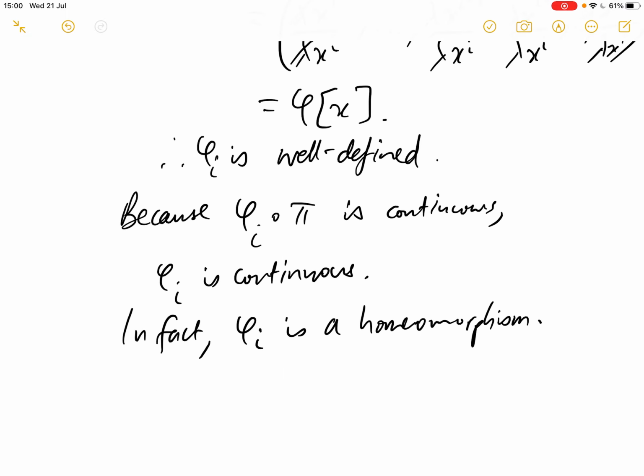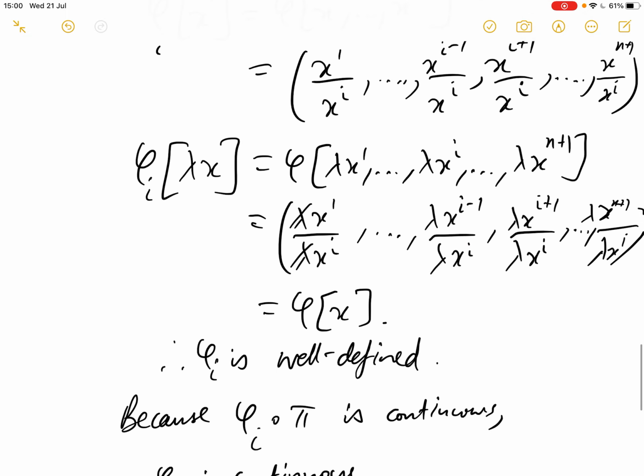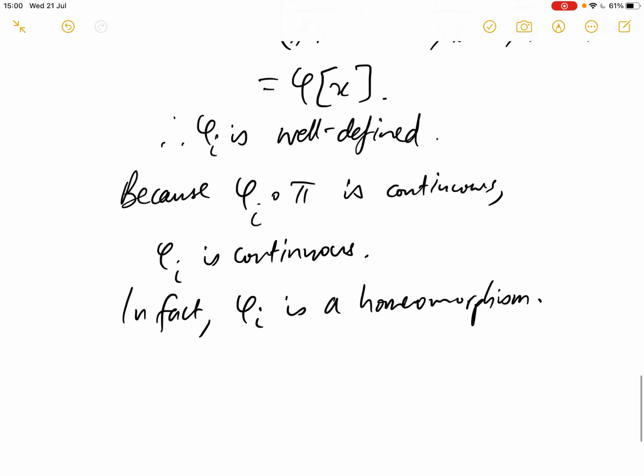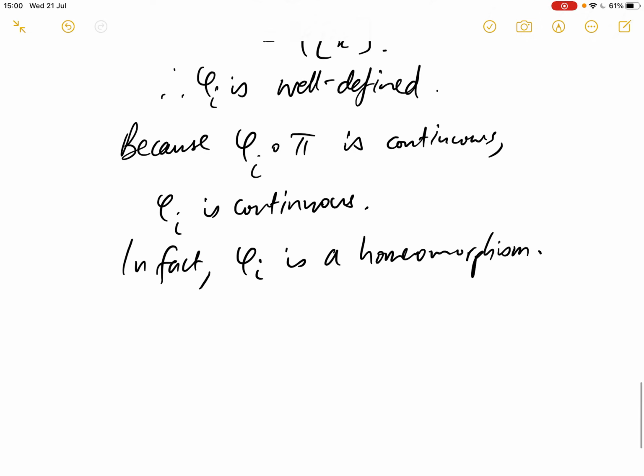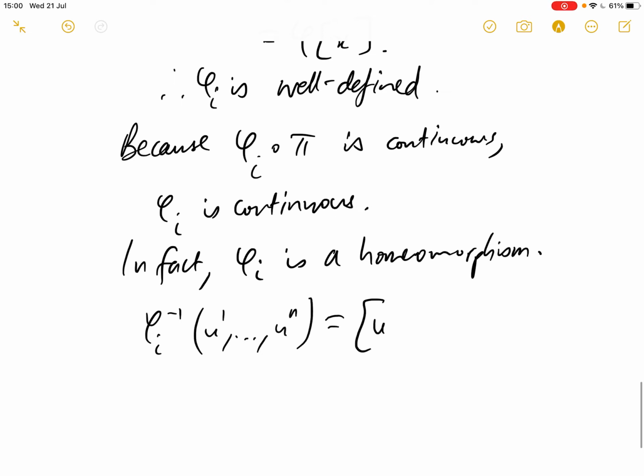Each component is a quotient of polynomials, but we also need to show the inverse is continuous. So what is the inverse? Well, the inverse is given by phi inverse of (u_1, ..., u_n) is (u_1, ..., u_(i-1), 1, u_i, ..., u_n).